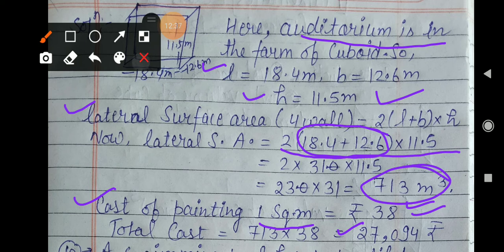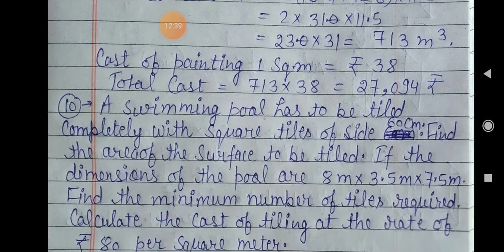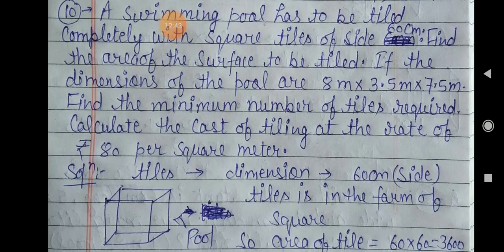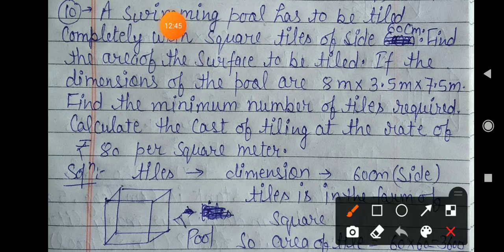Okay, now the next question is quite hard from the point of view that so many things are given in this question, and it asks you to find many things with the help of the given dimensions.